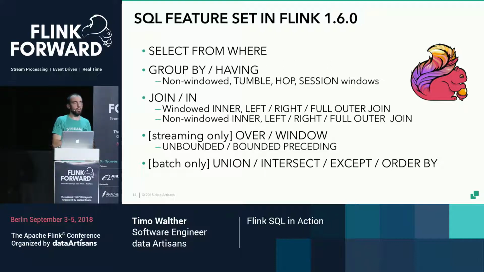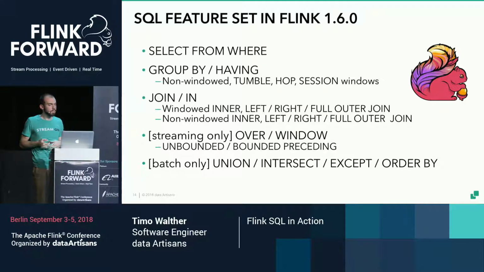We also offer different kinds of joins, also in a windowed and non-windowed fashion, depending on your use case. For a windowed join, the nice thing is that you can also bound the memory state size. The non-windowed join might consume more memory underneath, but both joins are implemented in inner, left, right, and full outer joins, so all the regular join semantics that you need.